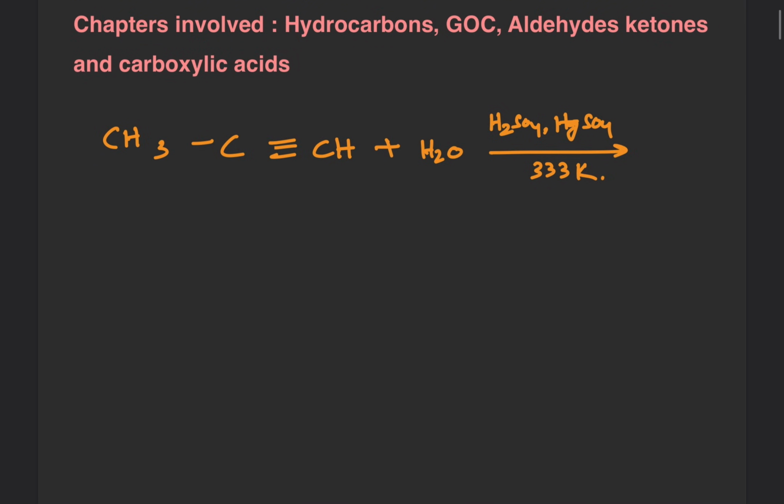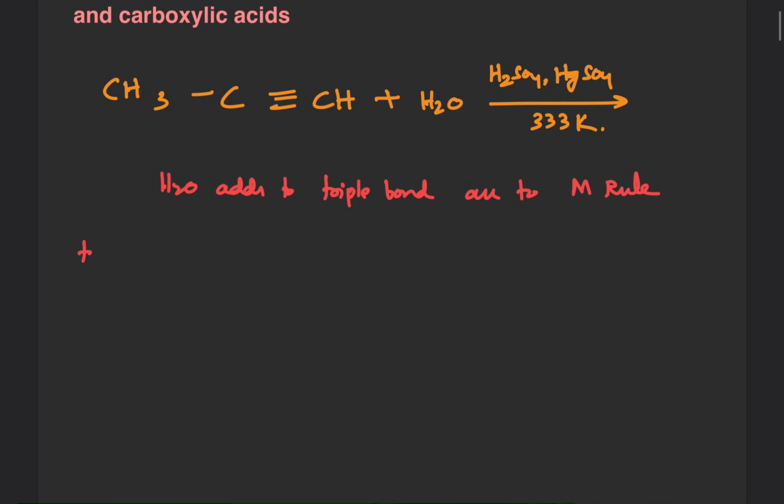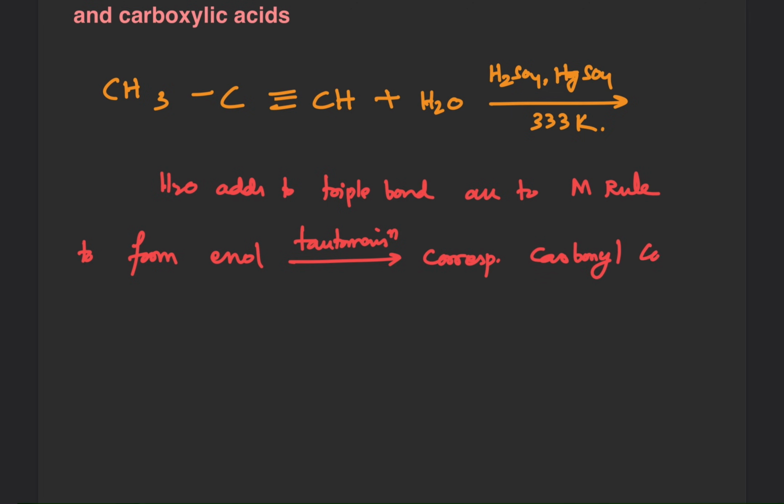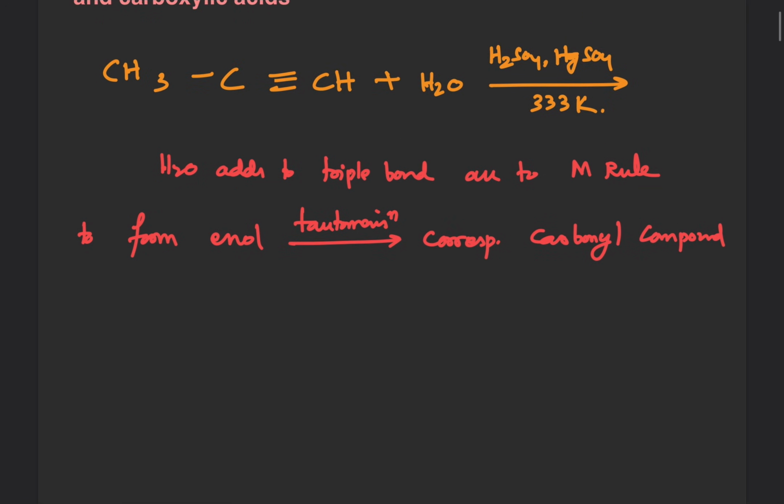So what happens is H2O adds to the triple bond according to Markovnikov's rule to form enol, which undergoes tautomerization to form the corresponding carbonyl compound.